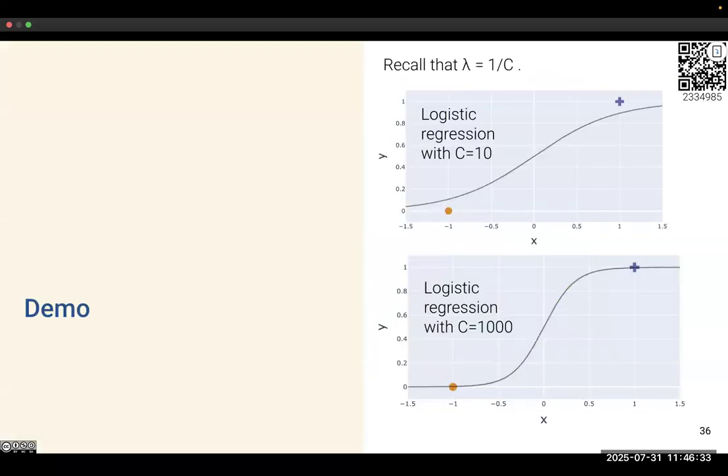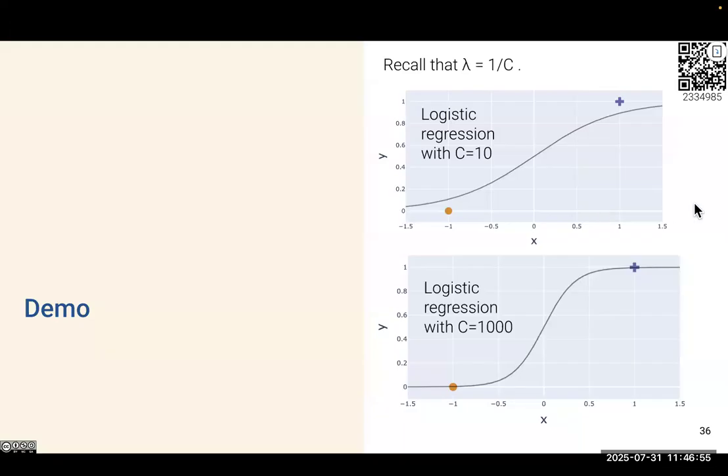Okay, so here's an example of two logistic regression results run with ridge. One with C equal to 10, so your lambda will be really large. And the other with C equal to 1,000, so your lambda is really small. For the case where your lambda is really large, this top case, you see that this curve is quite regularized. Your theta is not that big, because a big theta means your increase in the middle is steeper.